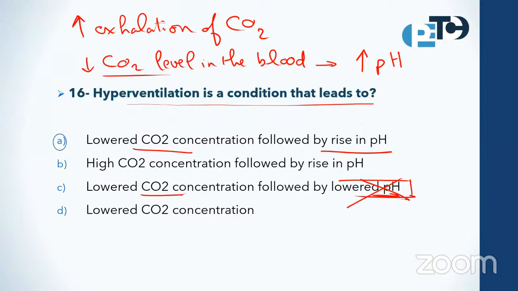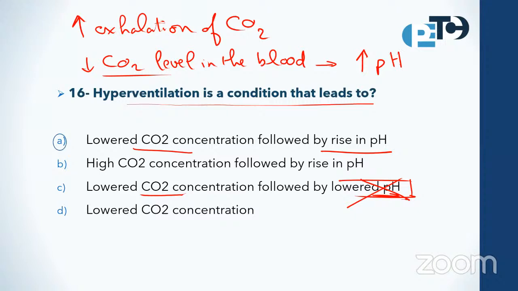Here, what happened in a hyperventilation? Hyperventilation means what? Increasing of breathing rate. Imagine that you have a fast breathing rate or a rapid breathing. What happened in this breathing? The carbon dioxide will be exhaled in a high level, so its level in the blood will decrease.